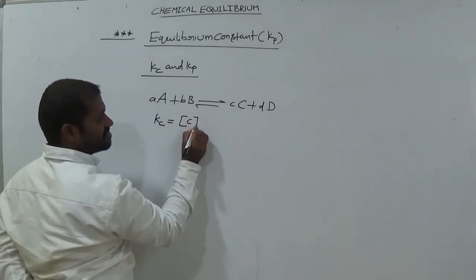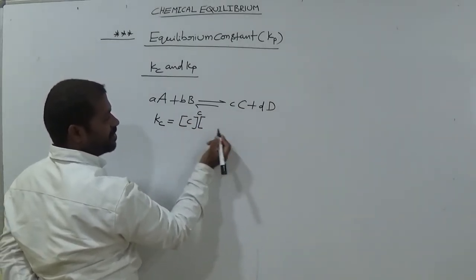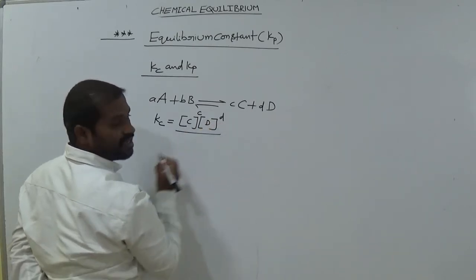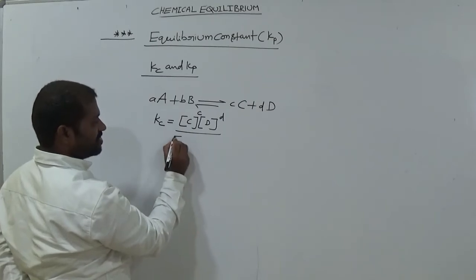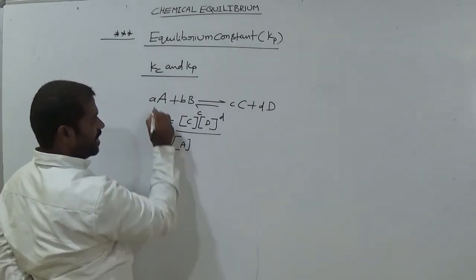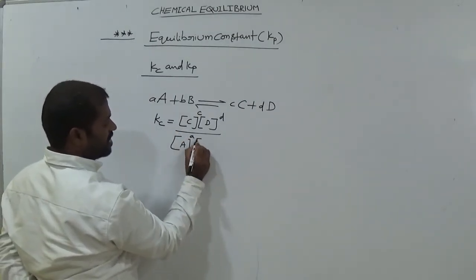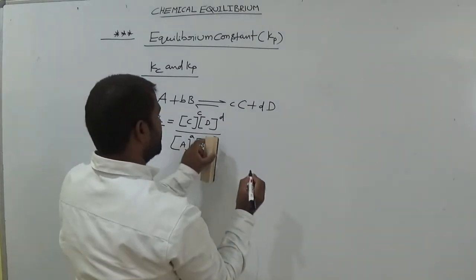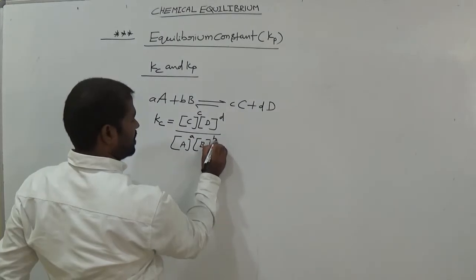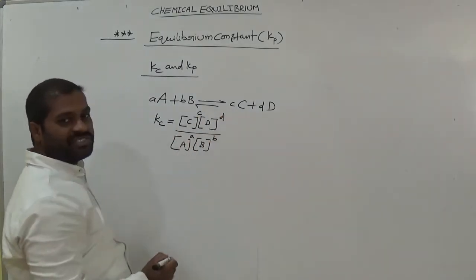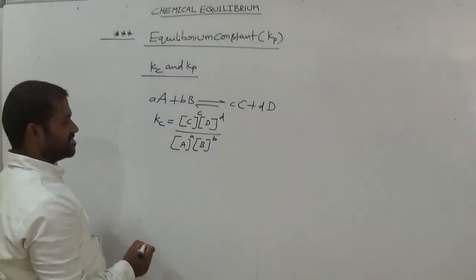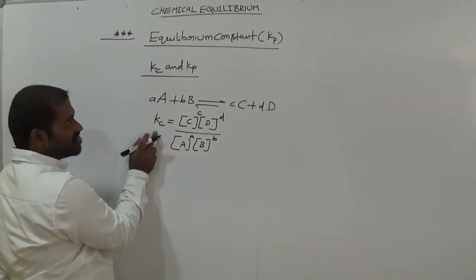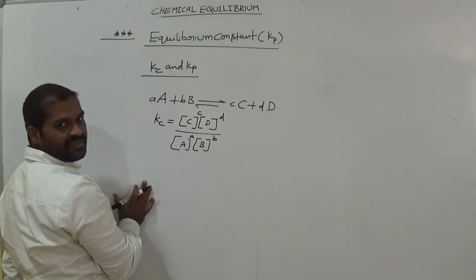Molar concentration of C to the power c into molar concentration of D to the power d, divided by molar concentration of A to the power a into molar concentration of B to the power b, where c, d, a, b are the stoichiometric coefficients. This is Kc, also called the equilibrium constant Kc.